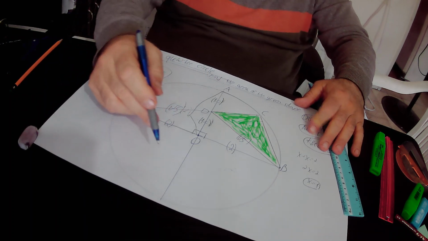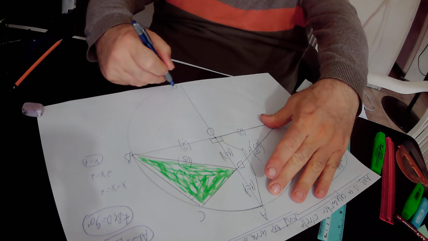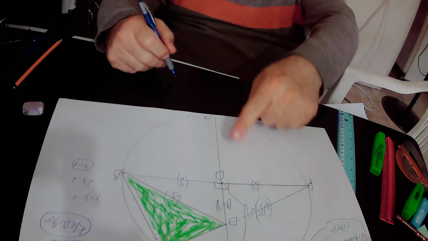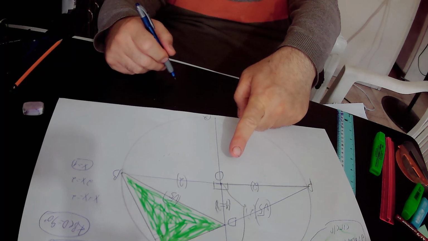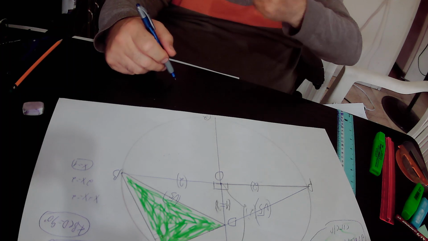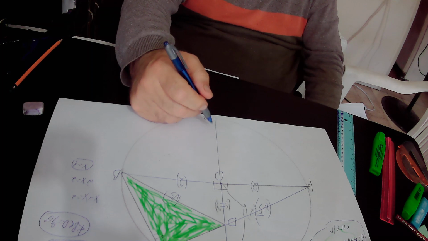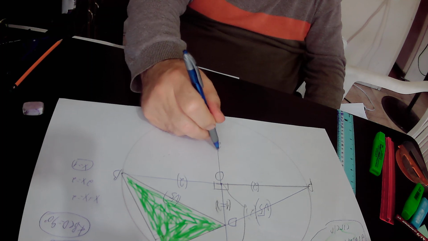This point is point Q. So what is the definition of line segment OQ? Line segment OQ starts from point O, that is the center of the circle, and ends at point Q, that is the point of the circle itself. This is exactly the definition for radius. Therefore OQ is the radius of this circle, that is equal to 2 units in its length.